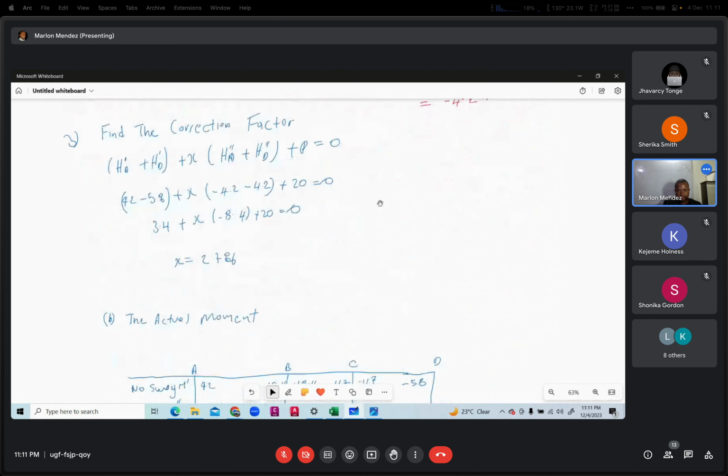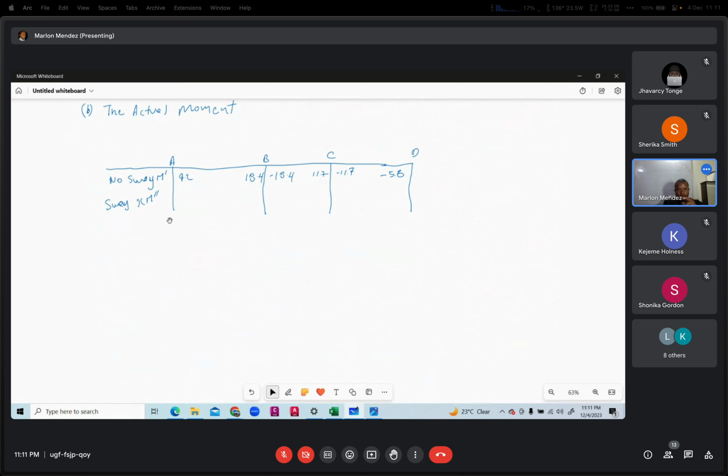So in applying that, it becomes minus 20.9, minus 14, minus 14, minus 20.9.